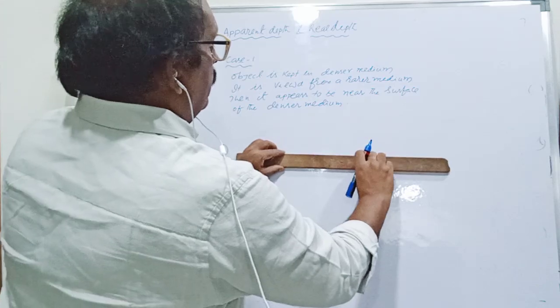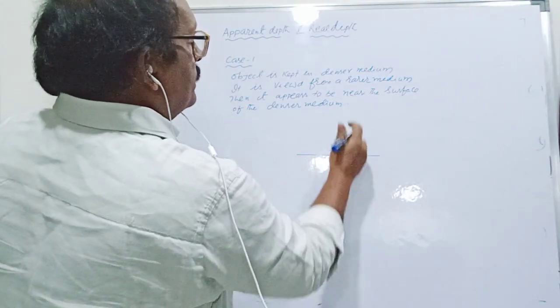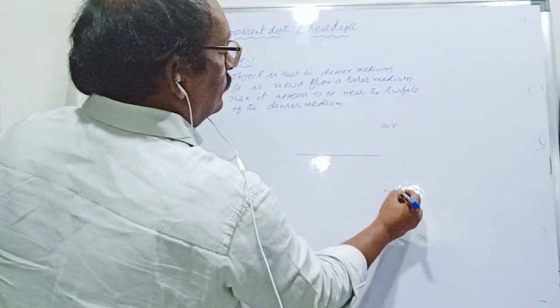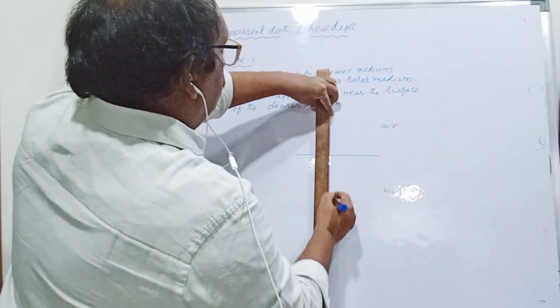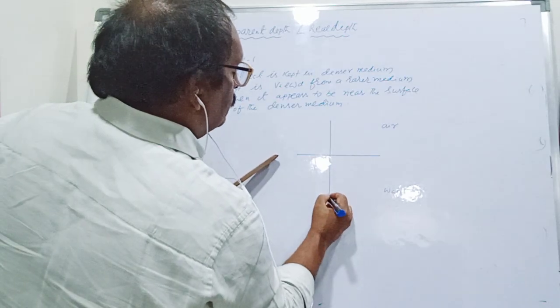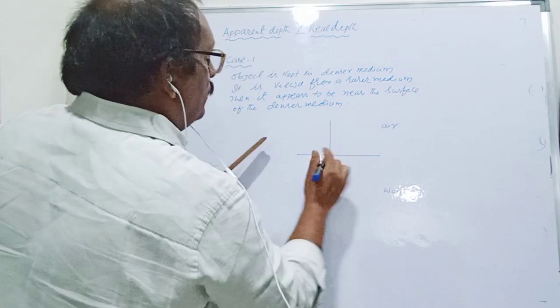Say for example, this is a boundary that separates two media, air and water.